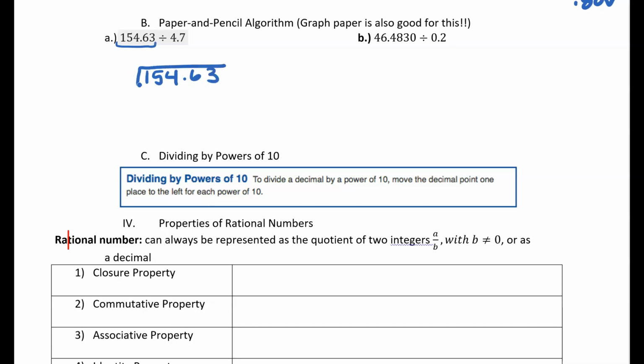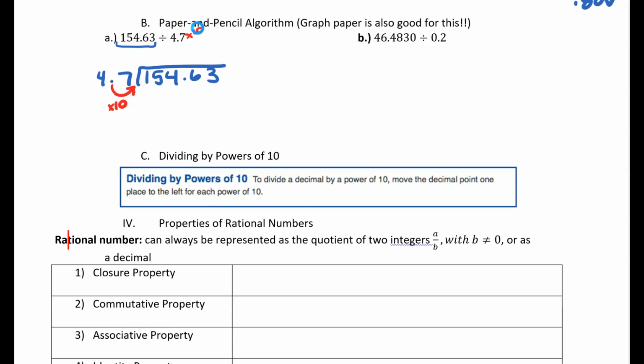154.63 divided by 4.7. And with decimals, you need to get rid of the decimal in the divisor. So the number that's on the outside of the box, we don't want a decimal there. So what we're going to do is move it over. And if you remember, that's essentially like multiplying this number by 10.